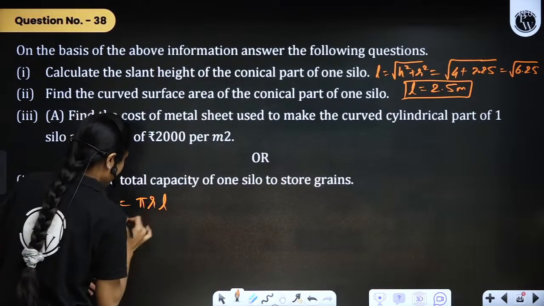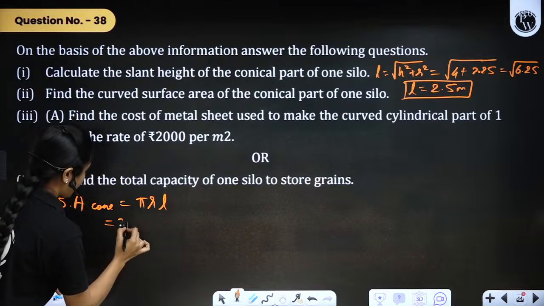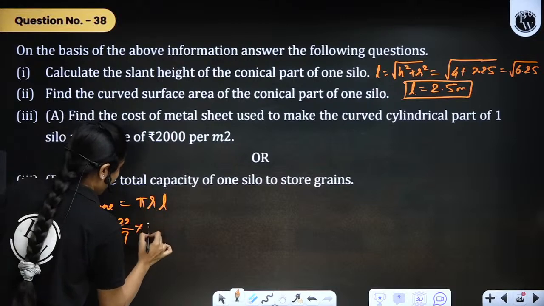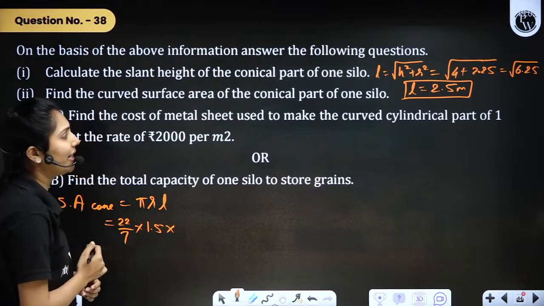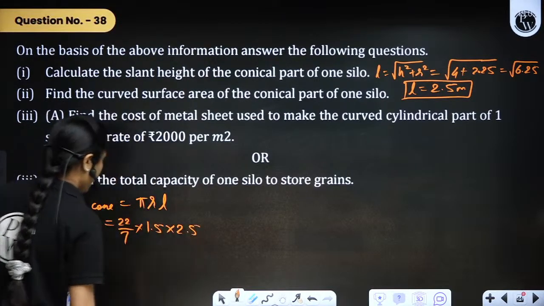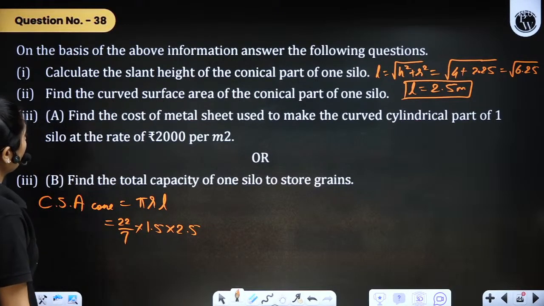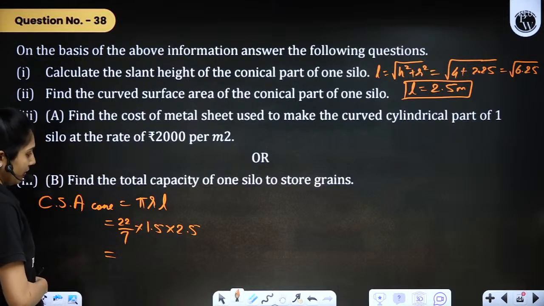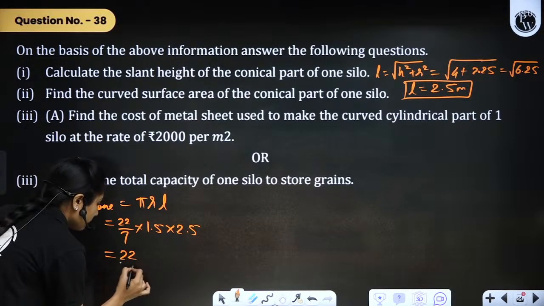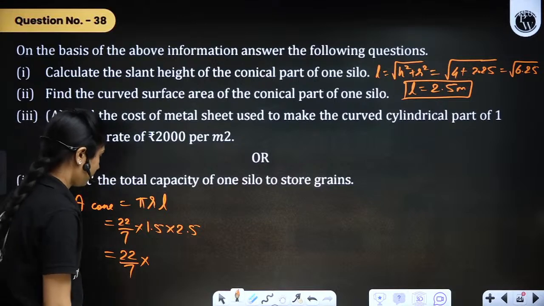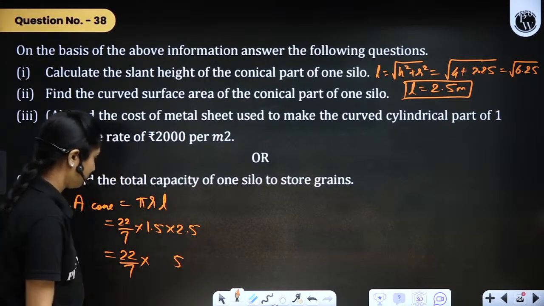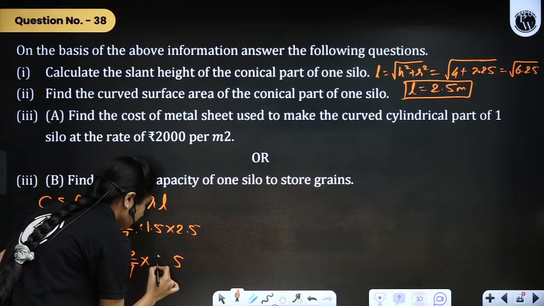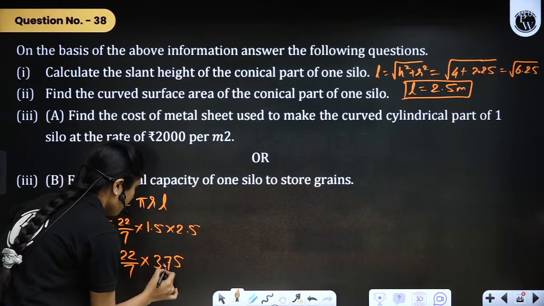So pi is 22 by 7 into radius 1.5 into slant height 2.5.